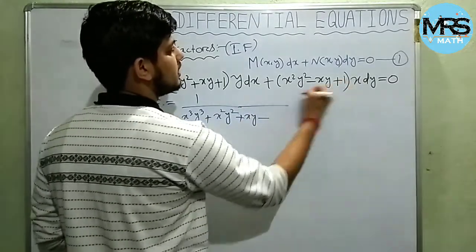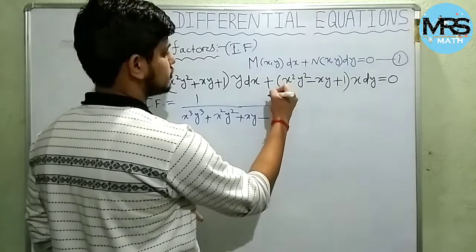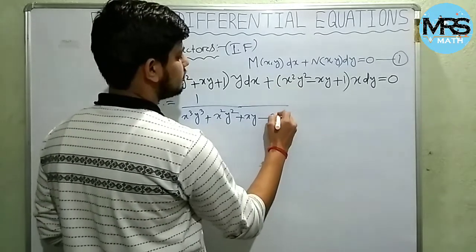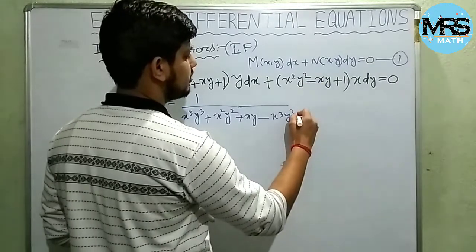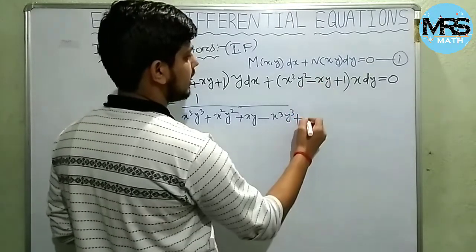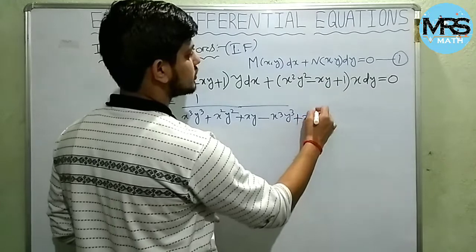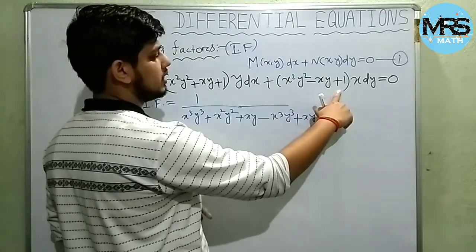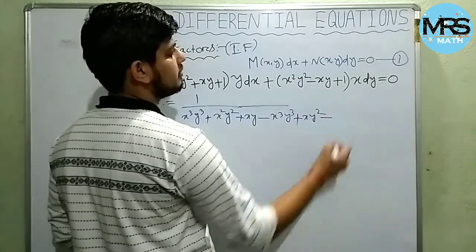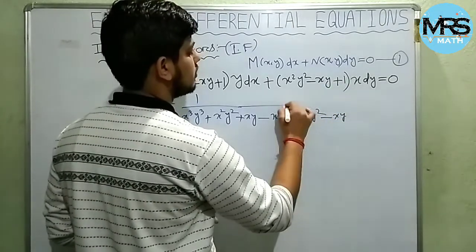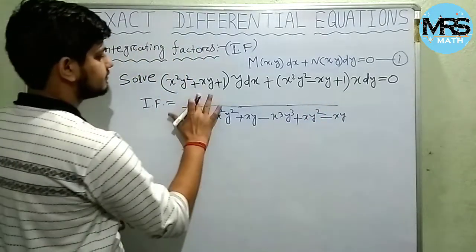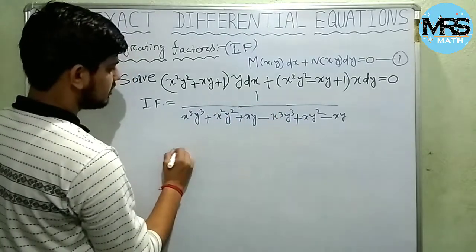Here we will multiply y. So this will be x cube y cube, and this is minus, so it will be plus x square y square, and this will be plus, so it will become minus xy. So then we will solve this one.